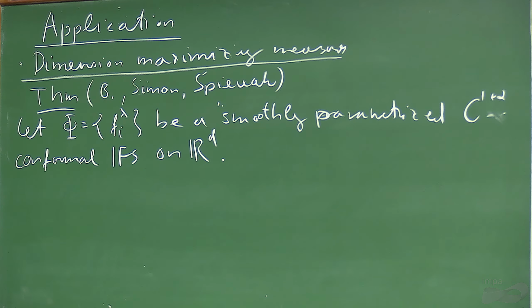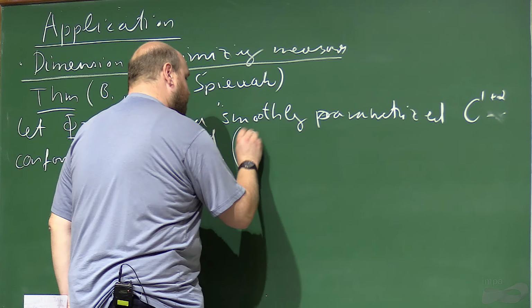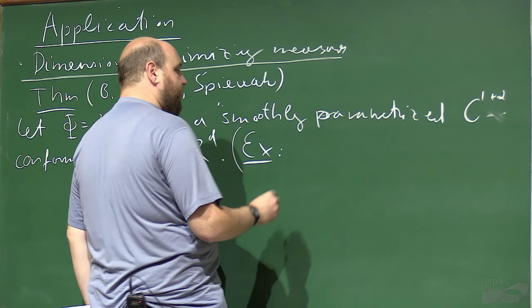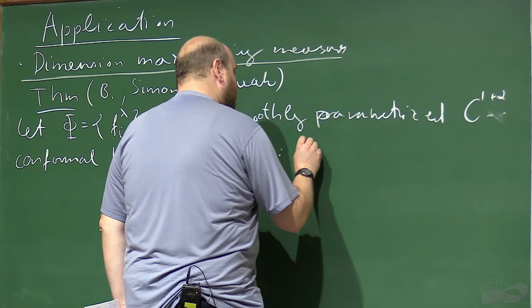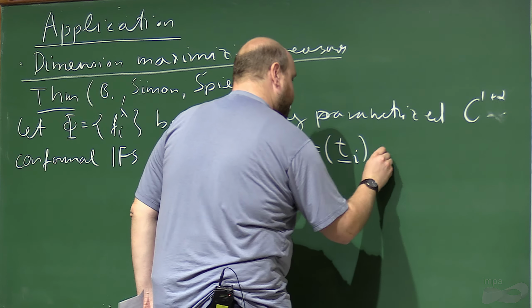Okay, so all of the maps are now C1 plus alpha conformal and smoothly parameterized. If you don't want to imagine what the smooth parameterization is, feel free to think about the case when we use the parameters as the translations.